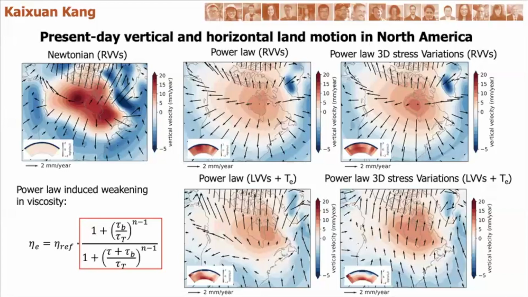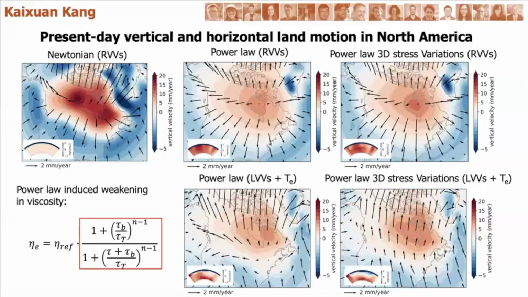And we look deeper into this velocity profile, and we can see that the non-Newtonian factor we introduced to this reference viscosity decreases the whole upper mantle viscosity by as much as 2 orders of magnitude.